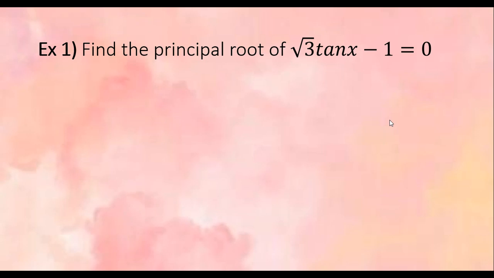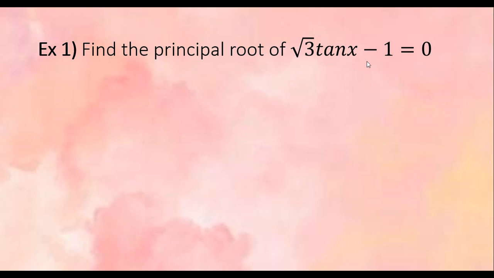I wouldn't get too caught up on the wording of whether it says root or principal root. It's like the main guy that we would use to determine any other potential roots in 0 to 2 pi.